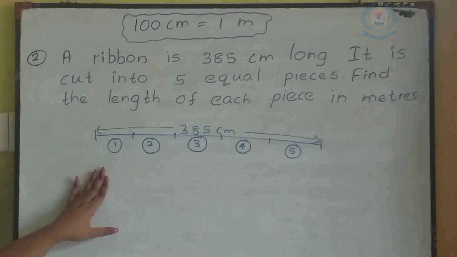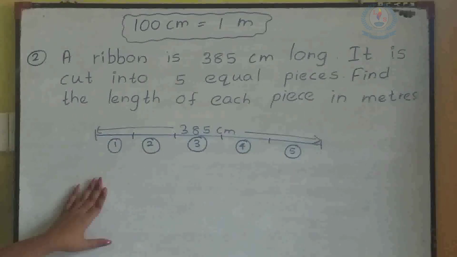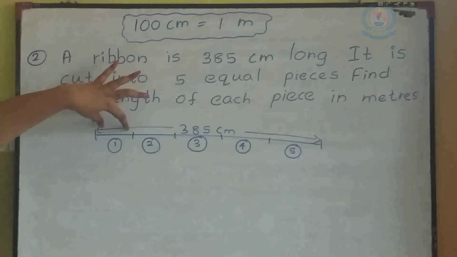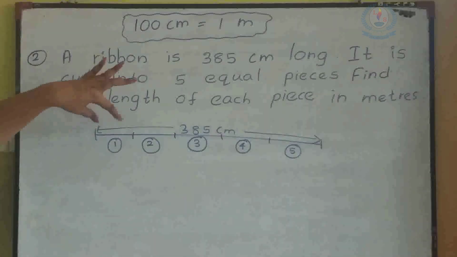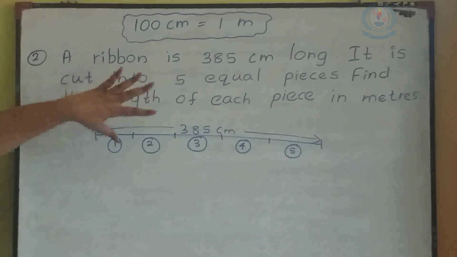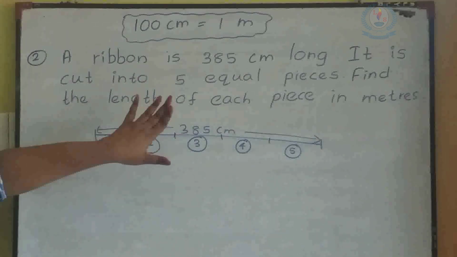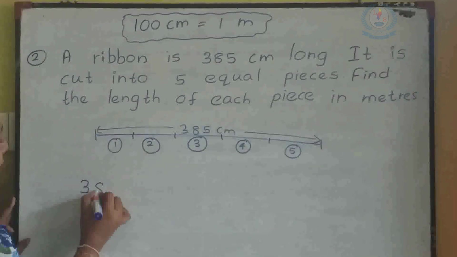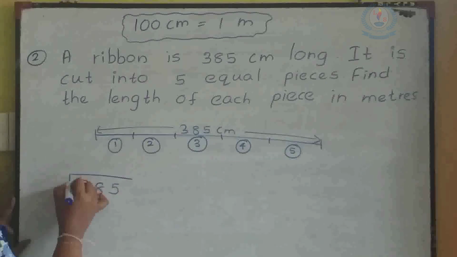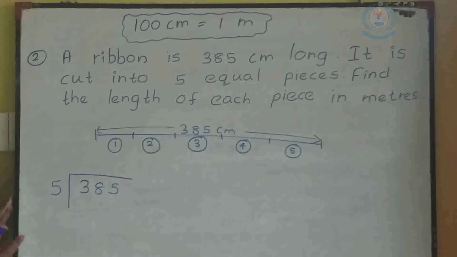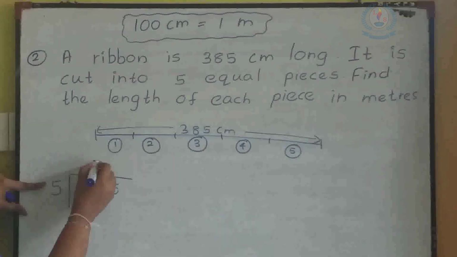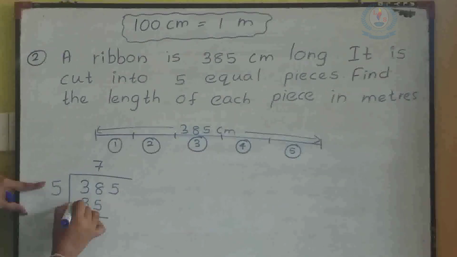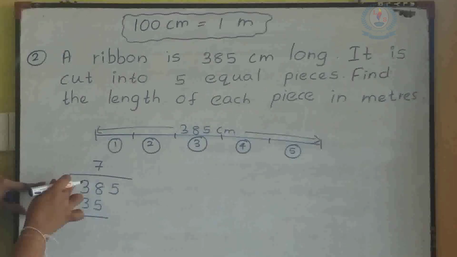How to find the answer for this one? Before finding the answer in meters, we need to find the length of each piece in centimeters. How to find the length of each piece in centimeters? Yes, we have to divide 385 centimeters by 5. Here 5 times 7 equals 35. Then I am writing 35 here. Then we have to subtract this 35 from 38.